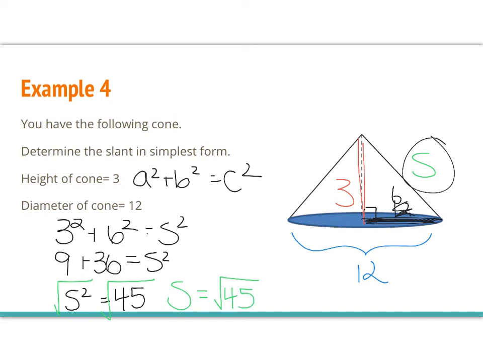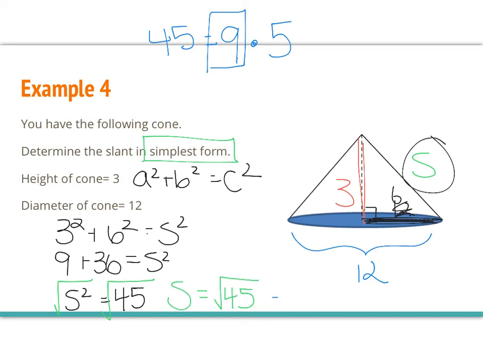Now that looks great, except we need it in its simplest form, which means I need to write it as a mixed radical. So we could say that 45 is equal to 9 times 5. Now, why did I choose 9? Well, it's a perfect square. So under a square root, it'll look really nice.